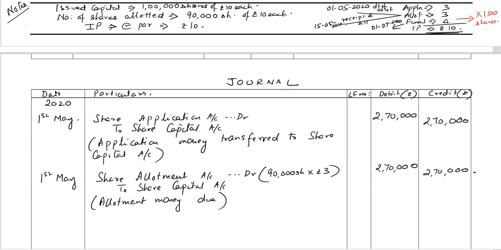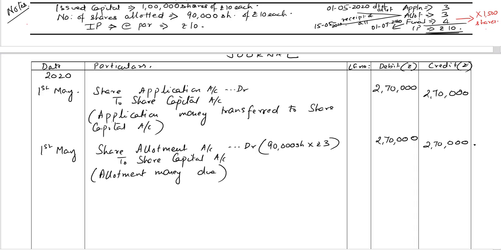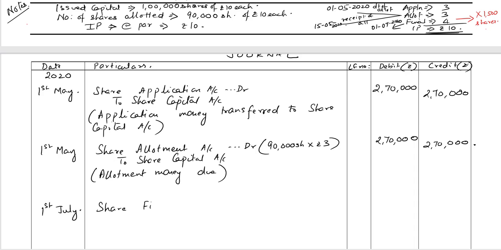Next, we will go on to make the final call money due. The amount was made due on 1st July, 2 months after making the allotment money due. Share first and final call account debit to share capital account.